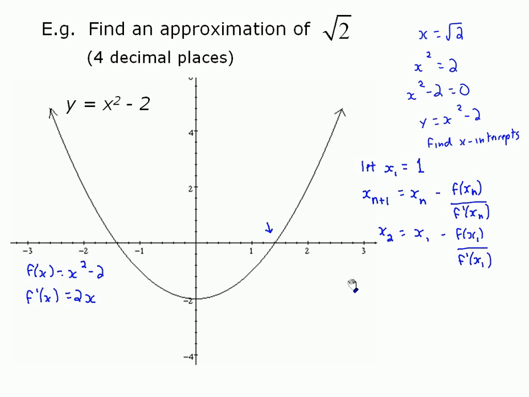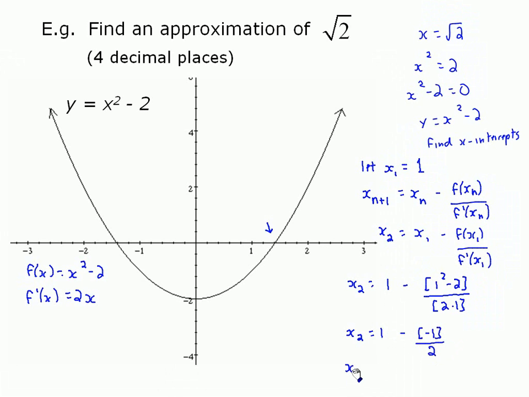So to get x2, we need to take x1, which is 1, minus f at x1, so that would be (1 squared minus 2), divided by 2 times 1. So into the derivative. And then x2 is equal to 1 minus, well, 1 squared minus 2 is negative 1, over 2.